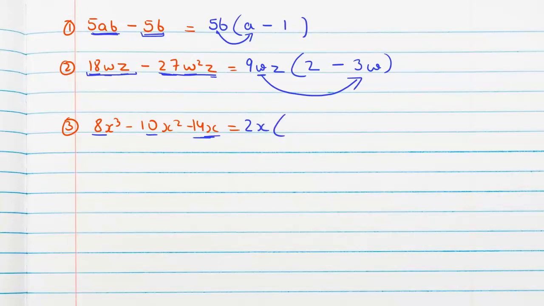Inside will be, for the first term, what is the number that will multiply with 2x so that we get 8x cubed. So 2 times 4 is 8. x is already outside. We will multiply with x square and we will get x cubed. For the second term we will multiply with 5x and the last term will be minus 7. Okay, and that is it.